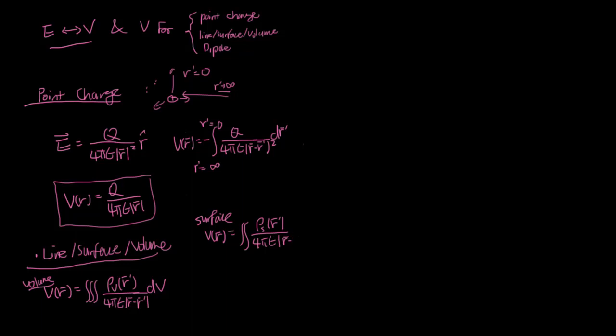So |r minus r prime|, and then you're integrating it across ds. And a line integral, our new foe, is the same thing. So V of r is going to be equal to an integral of rho l of r prime all over 4 pi epsilon |r minus r prime|. But here we're just doing a line integral.